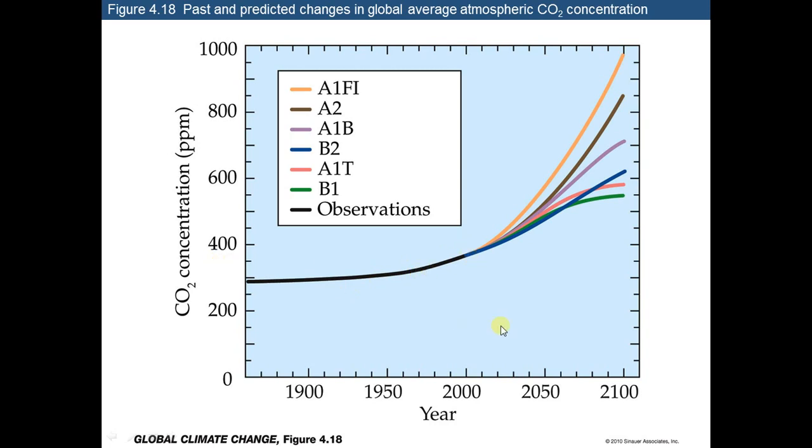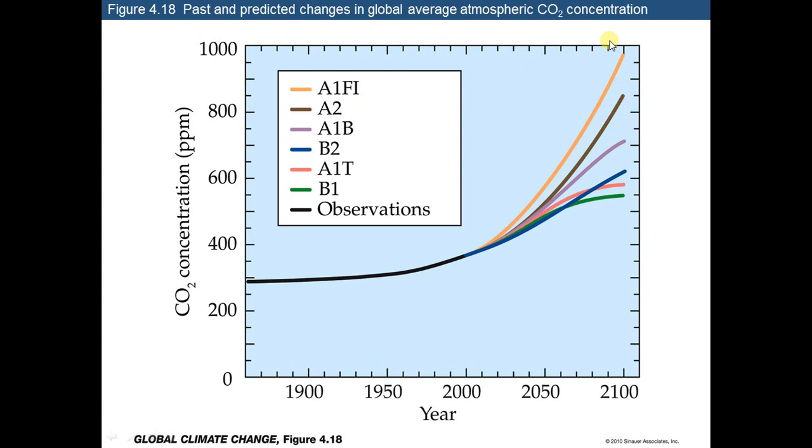Of course, now, though, at 2016, we're at 400 parts per million, right? So at least for right now, it looks kind of like we're on the A1FI path. Of course, it's only 2016.